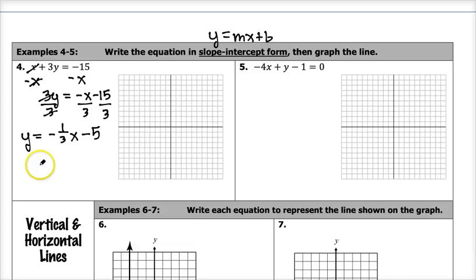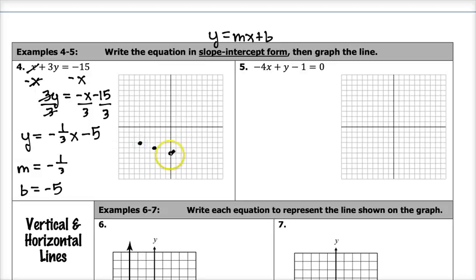From this form, again, we can identify two things. We can identify the slope of the line, which is negative 1/3, and the y-intercept of the line, which is negative 5. So now I can go to my graph and start at my y-intercept, 0, negative 5. And then my slope is negative 1/3, so that means my rise will be 1, my run will be negative 3, so I can go up 1 and left 3 to get a decreasing line.